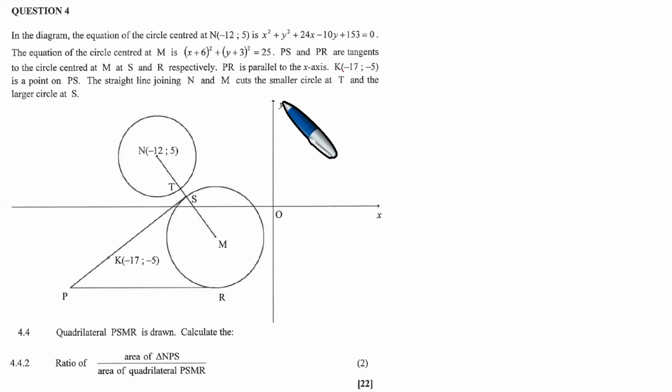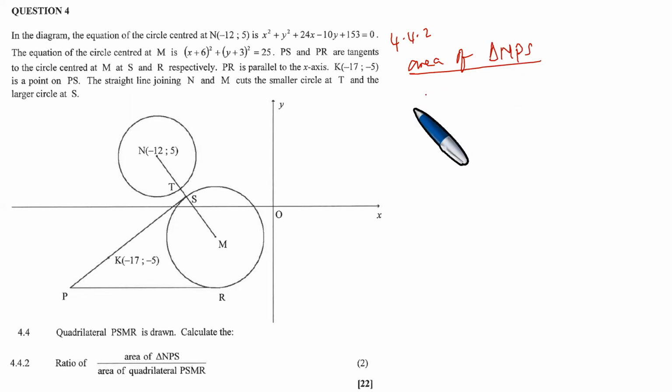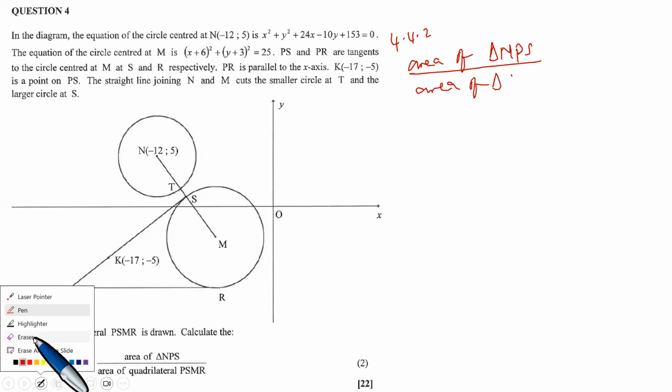So in 4.4.2, we have the area of the triangle NPS divided by the area of the quadrilateral. So we have the triangle at the top and then the quad at the bottom.